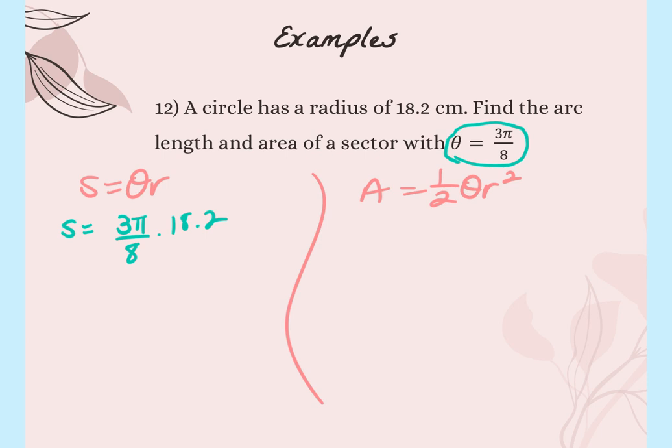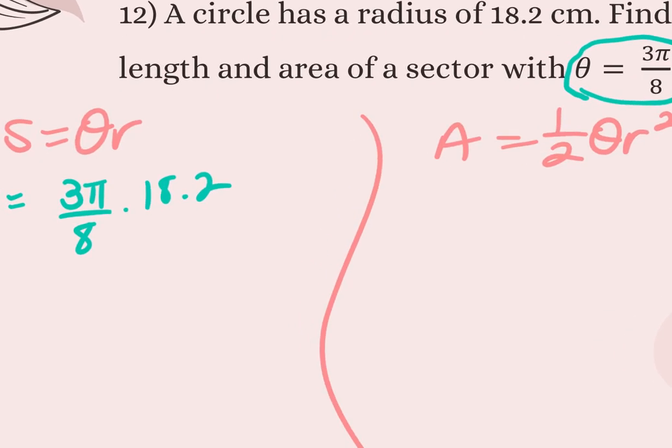For the area of the sector, is it 1/2 times theta r squared? Or you could put it all over 2. There's no difference. Yeah, you could do theta r squared over 2. That's the same. All right, so without a calculator, I would just multiply out the 18.2 times 3.